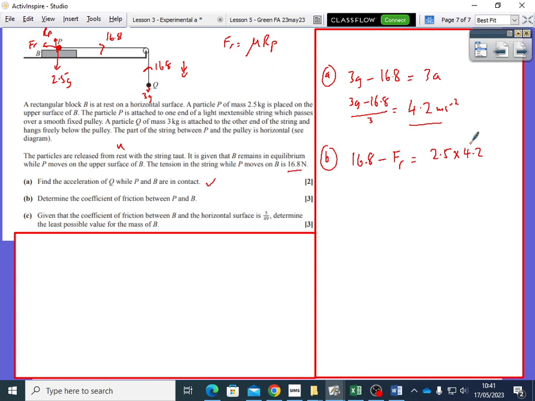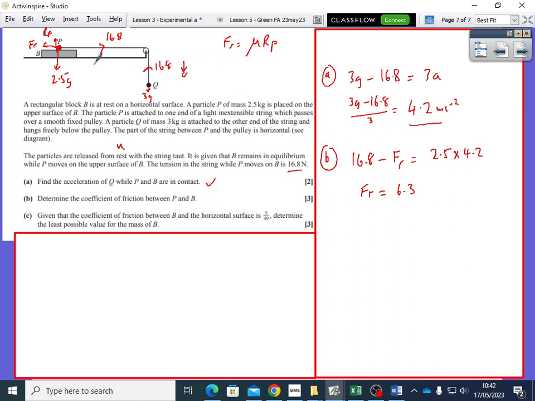So then I'm going to bring that to the other side and get the friction. Therefore friction is going to equal, quickly do that on my calculator, 16.8 subtract 2.5 times 4.2, and that's going to give me 6.3.